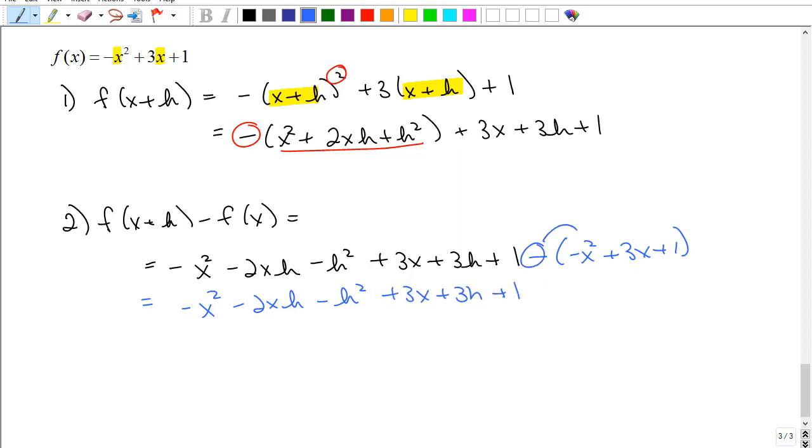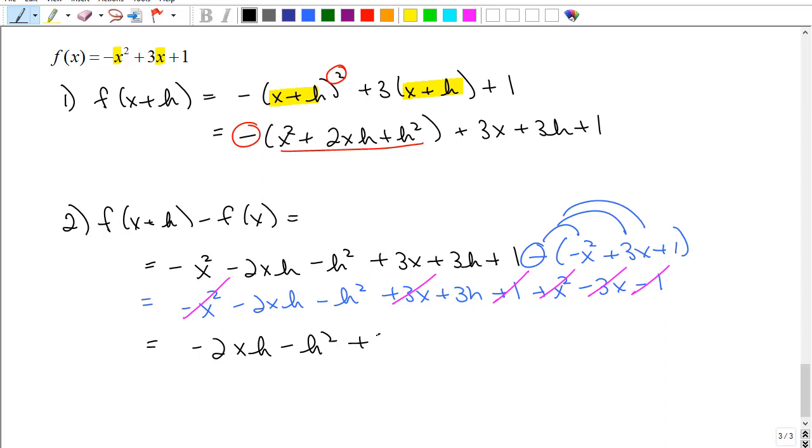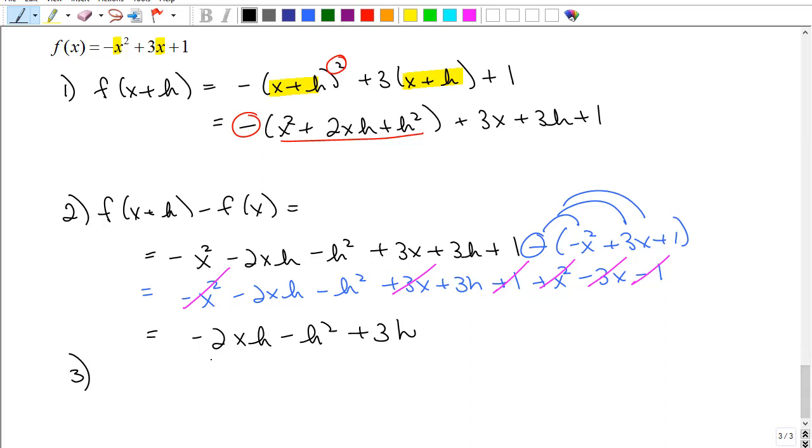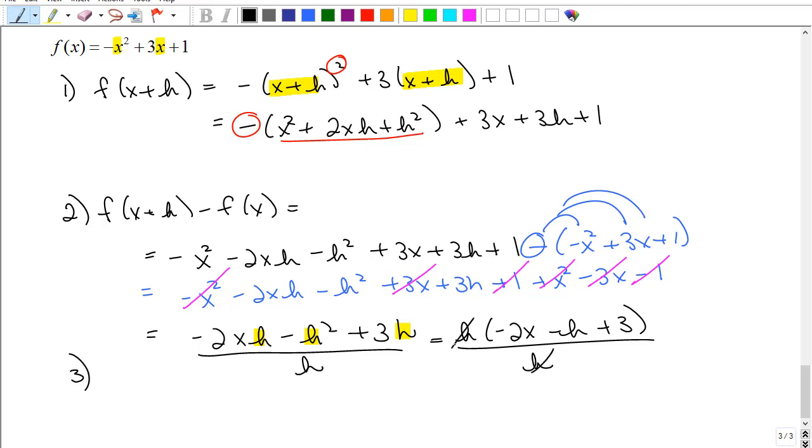So you just have to really remember to distribute that minus sign. So I want to distribute here to everything. Then collect like terms. Simplify, so we have this minus this plus this. And then we need to take this and divide by h. So notice every term has an h, so that means I can factor that out and reduce that h.